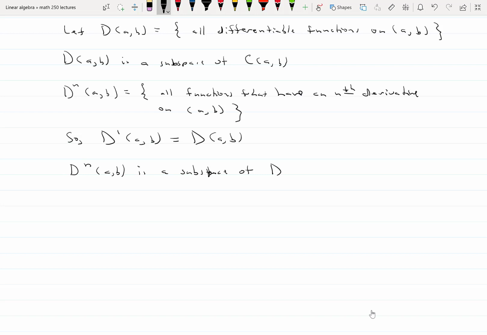Well, if they have two derivatives, then they have the first derivative. D2 is the set of all functions that have y double prime, a second derivative. Well, in order to take a second derivative, what do you have to first have? A first derivative. So D2 is definitely a subset of D1 or D.